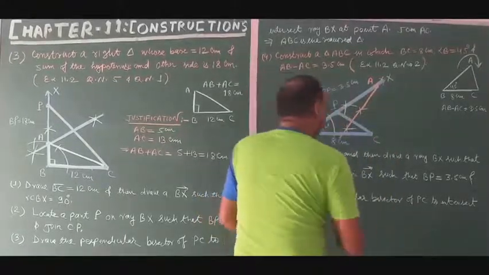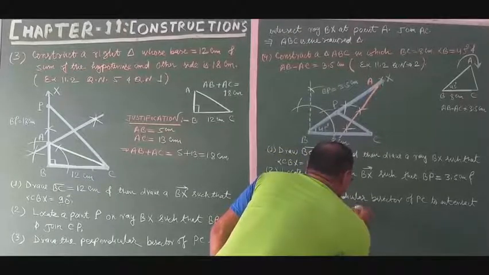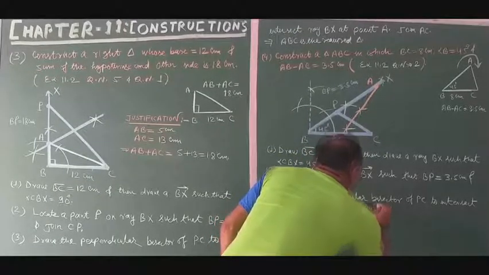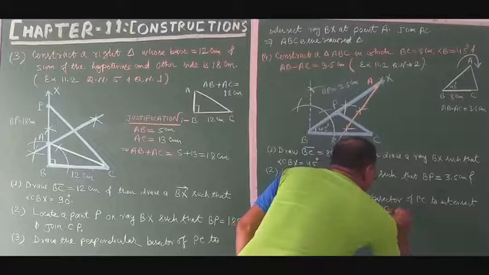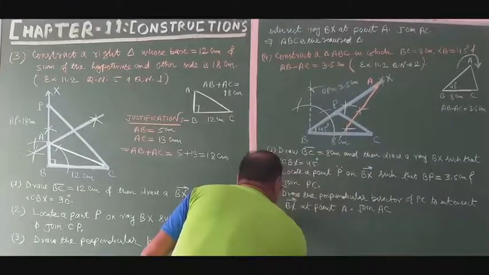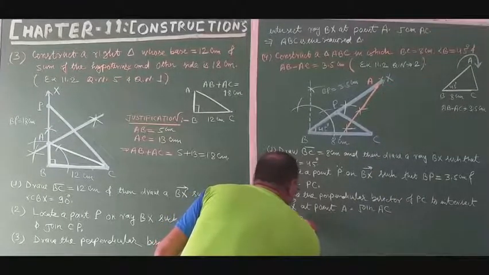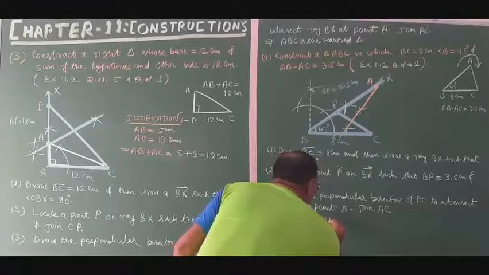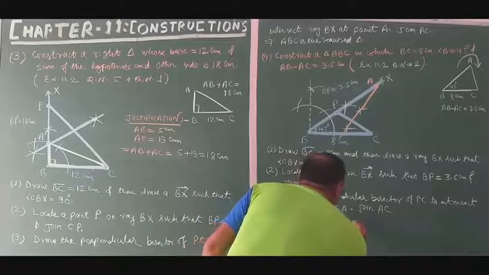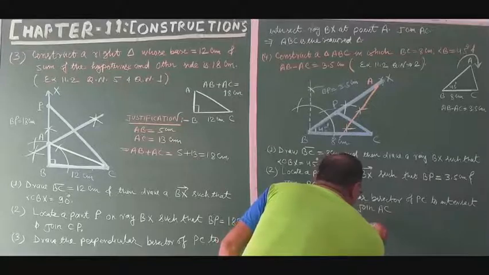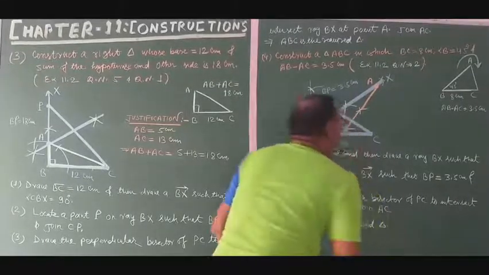And finally, what will we do? Join AC. ABC is the required triangle.